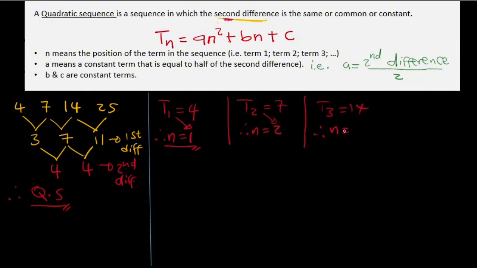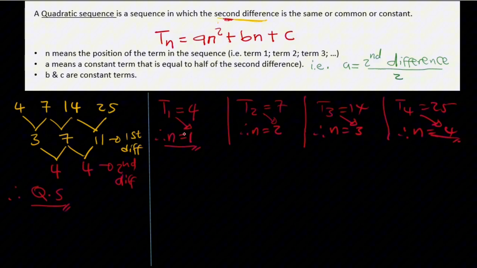Therefore, n equals 3. The last one will be T4, which is equal to 25. Therefore, n equals 4. All right, I hope that is clear.